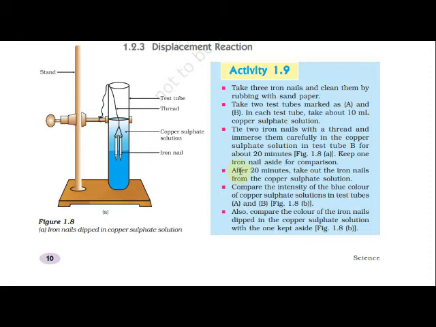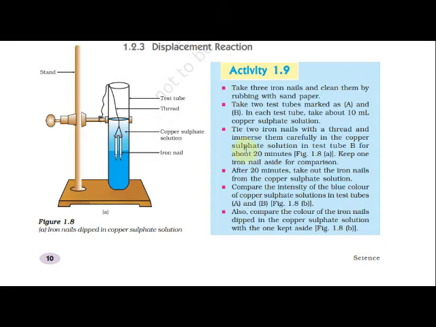Keep one iron nail aside for comparison. So 2 iron nails are dipped into the copper sulfate solution and 1 iron nail is kept aside for comparison. After the reaction, if you see the nails, then you can judge what happens. After 20 minutes, take out the iron nails from the copper sulfate solution.